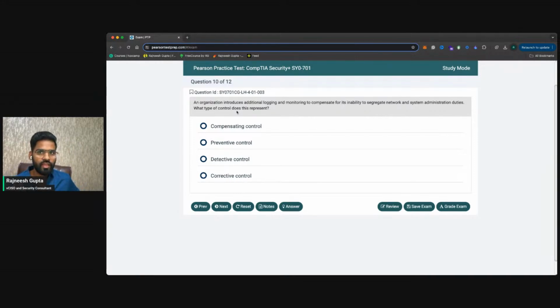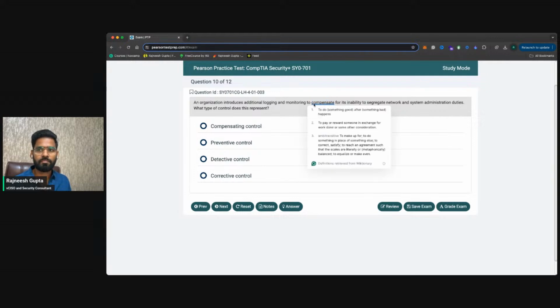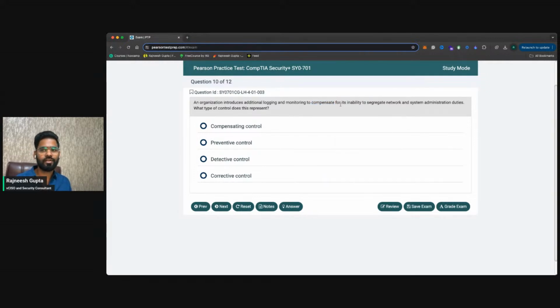An organization introduces additional logging and monitoring to compensate. The question itself has got something. You see this? Compensate for its inability to segregate the network. The organization is not able to segregate the network and system administration duty, and that's the reason they spend some time or invest some money in adding some logging or monitoring capability.